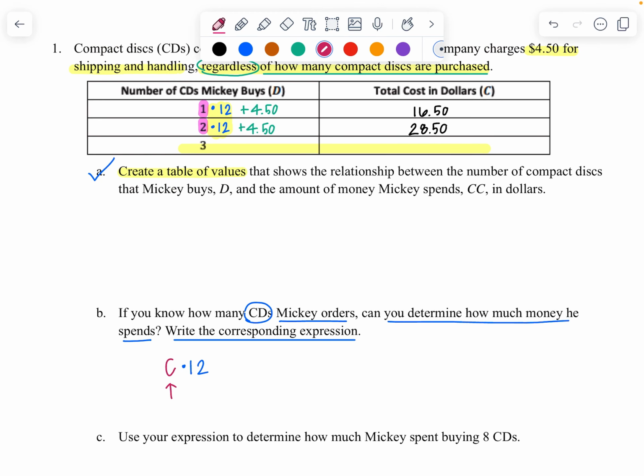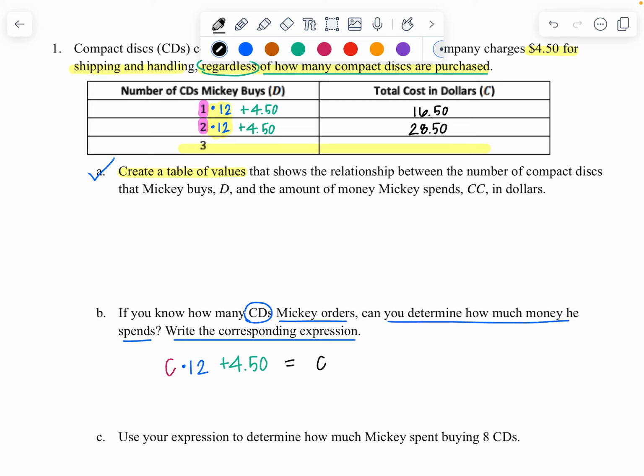After I multiply the cost of CDs by 12, I am going to add the shipping fee. Again, the reason why we add the shipping fee is because the shipping fee does not change depending on how many CDs you buy. It's going to be $4.50 no matter what.